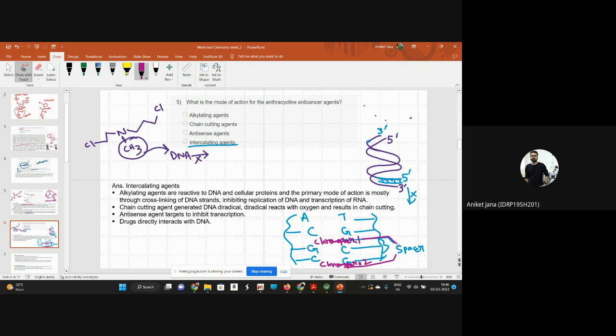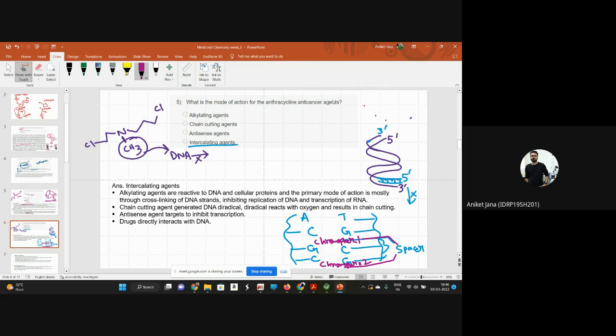Linked with this spacer, it has groups which can directly interact with the DNA molecule, and it comes in between the base pairs and interacts with them. In this way, intercalating agents react with the DNA and stop the normal transcription and translation process.